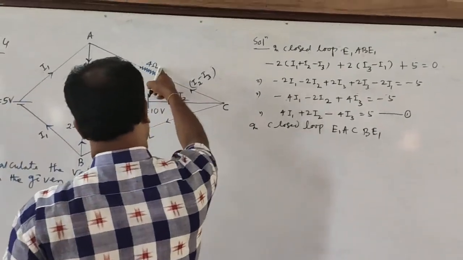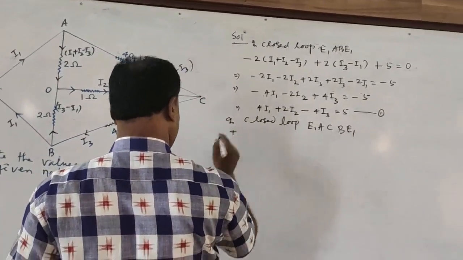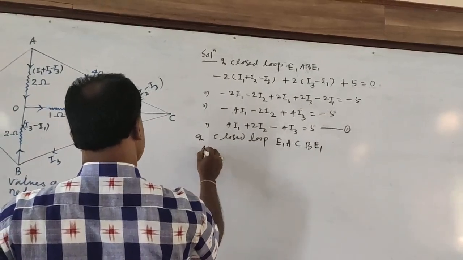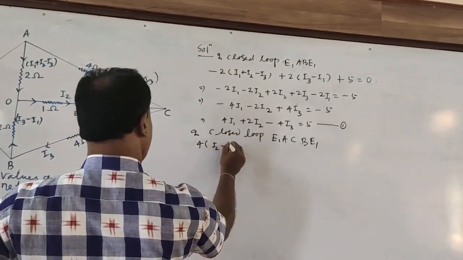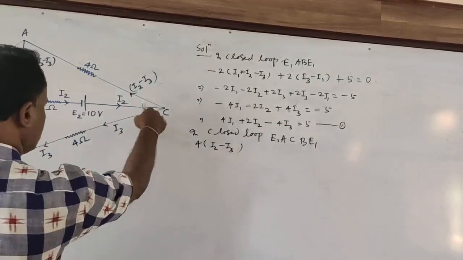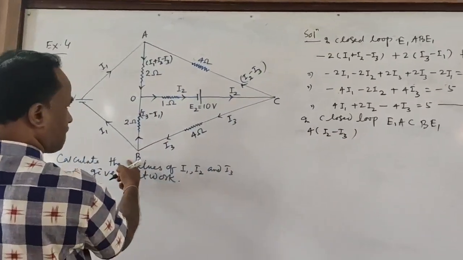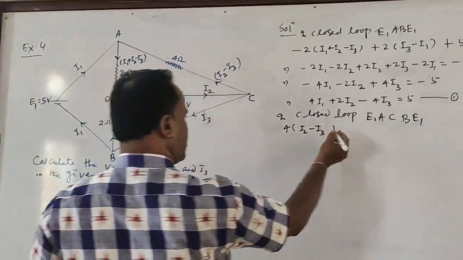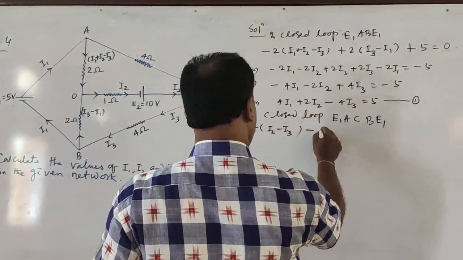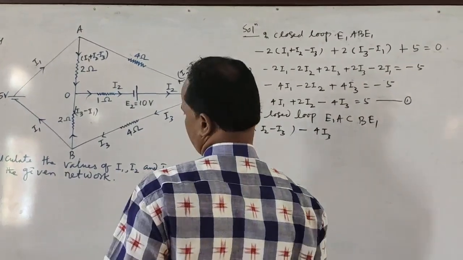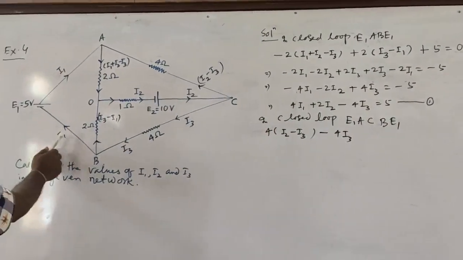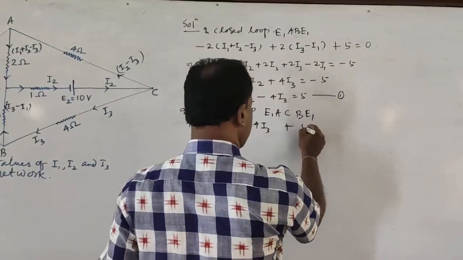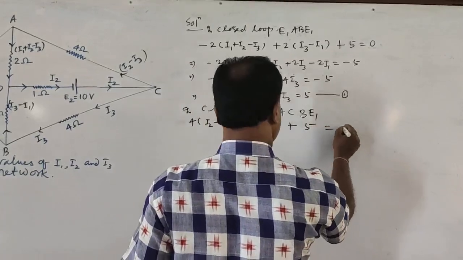The potential across the 4 ohm resistor gains and is taken to be positive, that is 4 into I2 minus I3. Then from C to B, in the direction of flow of current, there is a loss of potential across the 2 ohm resistor, taken as negative 4I3. Then from B to E1, there is no loss or gain of potential, and across this cell there is a gain of potential, taken to be positive, plus 5 is equal to 0.